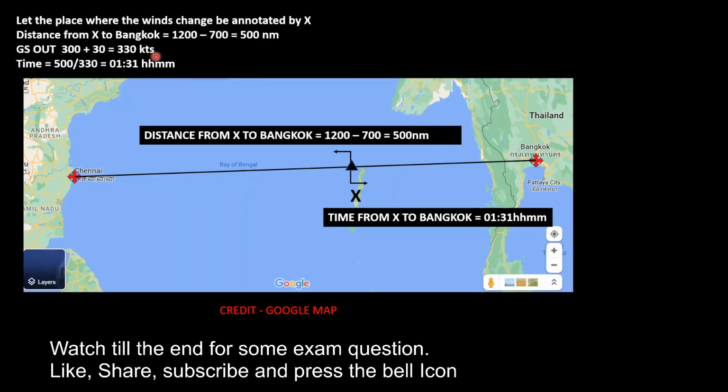The ground speed out is a tailwind of 30 knots from here onwards. So 300 plus 30, 330 knots. Therefore, the time taken from X-ray to Bangkok will be 1 hour 31 minutes.